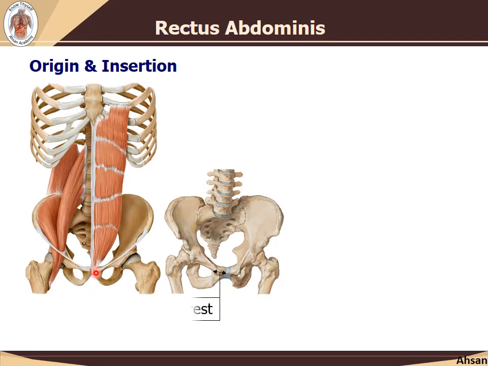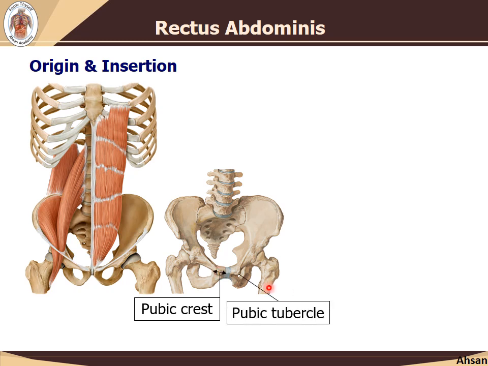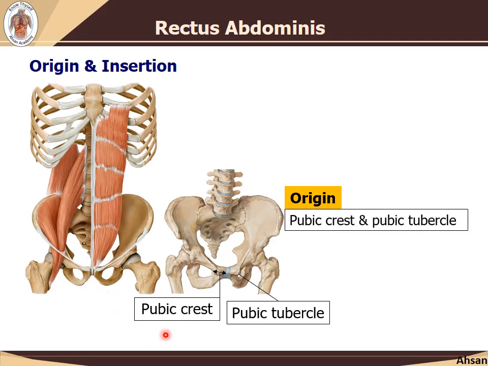The origin here, you can see, is the symphysis pubis, and this area is the pubic crest. The lateral one is the pubic tubercle. So you know the anatomy of this area. This rectus abdominis muscle arises from below, from the pubic crest and pubic tubercle, and goes up.